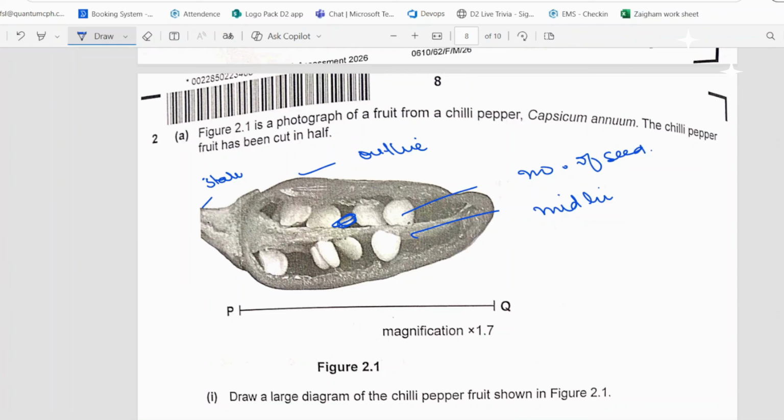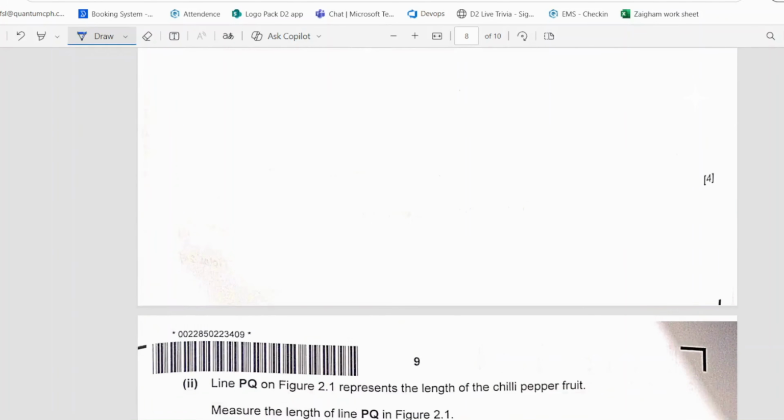You have to make a proper diagram. Okay, if the diagram is for, let's say, 4 centimeter, then you can draw it for like 7 centimeter. Make it bigger, make it clear. So there are 5 seeds up and 5 seeds down. Keep this in mind while making a diagram.